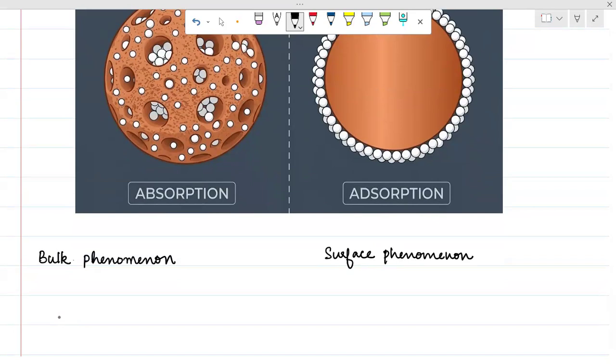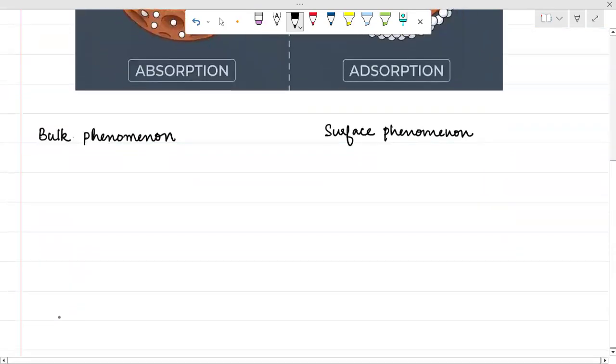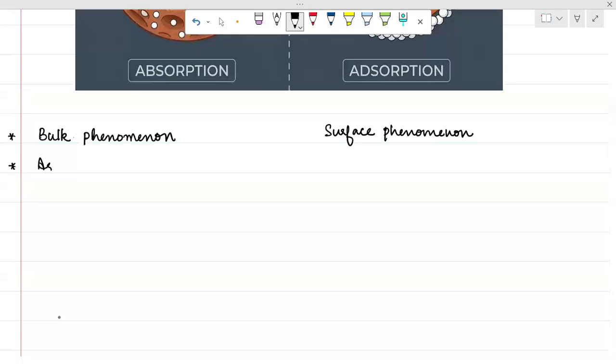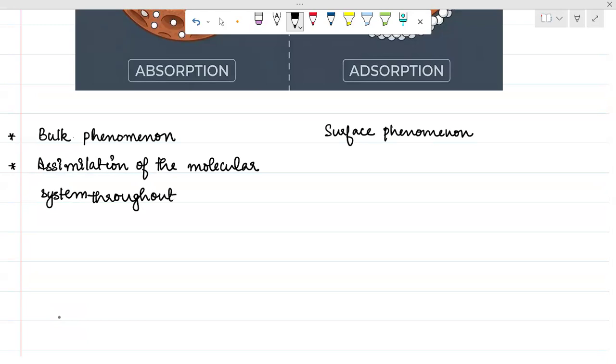Now, the bulk phenomenon is defined as assimilation of the molecular system throughout the bulk of solid or liquid.